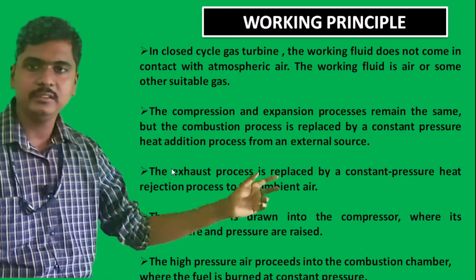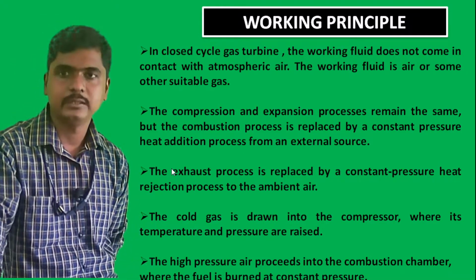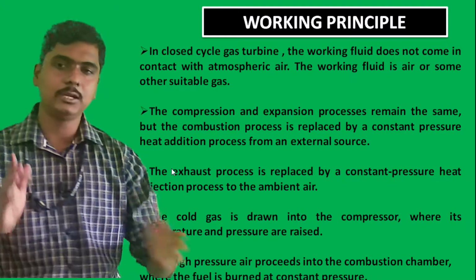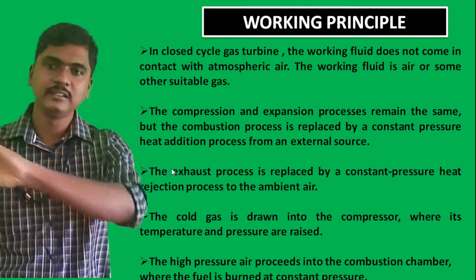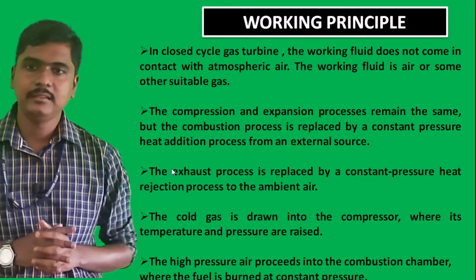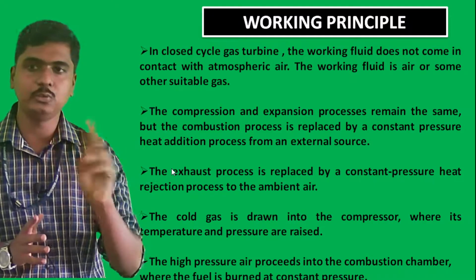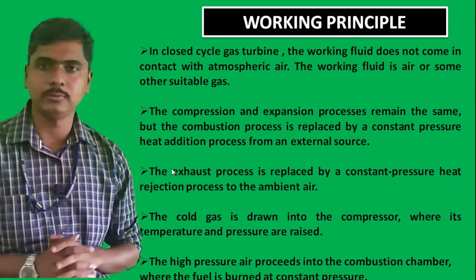The second point is that the compression and expansion processes remain the same. Whatever compression and expansion take place in an open cycle gas turbine, the same processes take place in a closed cycle gas turbine. As I told you, we use the same components also.